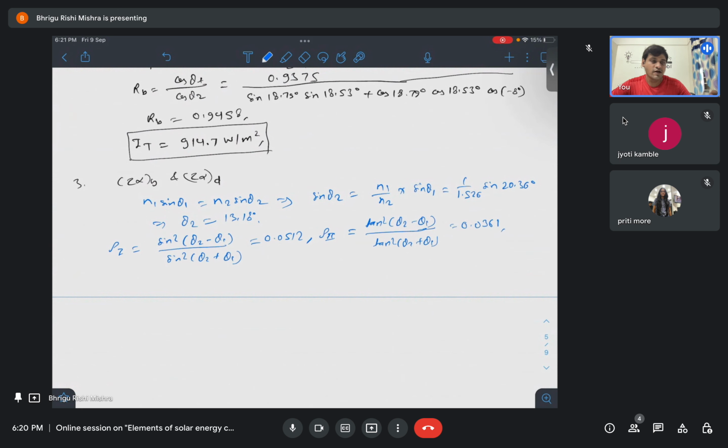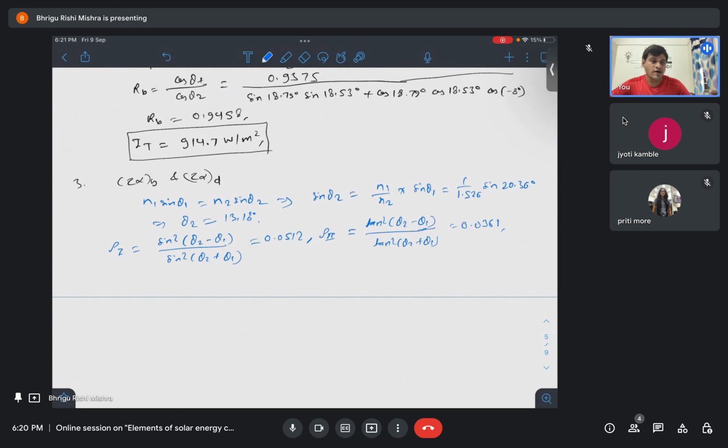Similarly, tau r second is (1 minus 0.0361) by (1 plus 0.0361), so it is 0.930. With tau r first and tau r second, we can calculate tau r, the total transmissivity considering reflection only. Tau r is the average of these two quantities, so (0.903 plus 0.930) upon 2, and it comes around 0.9165.